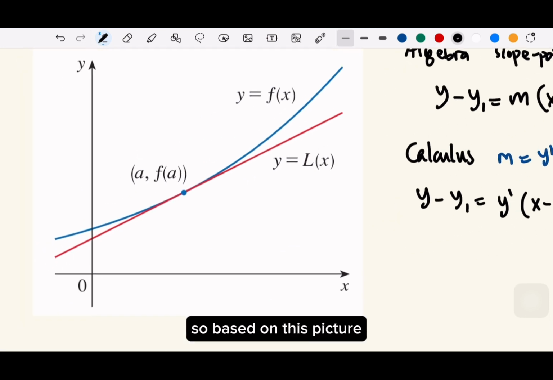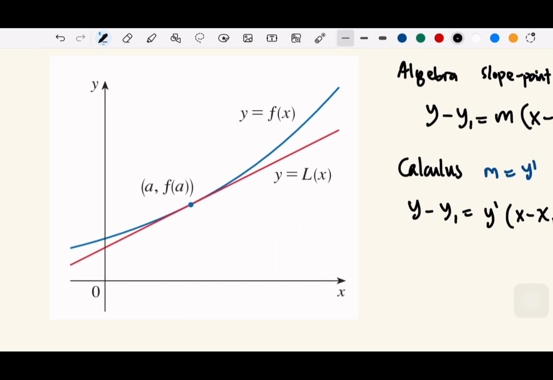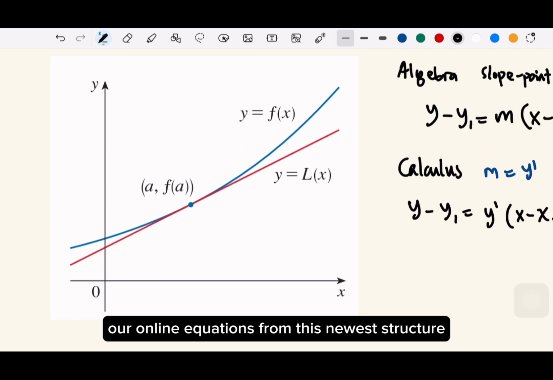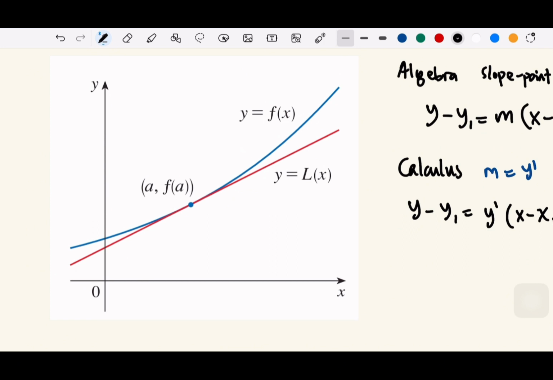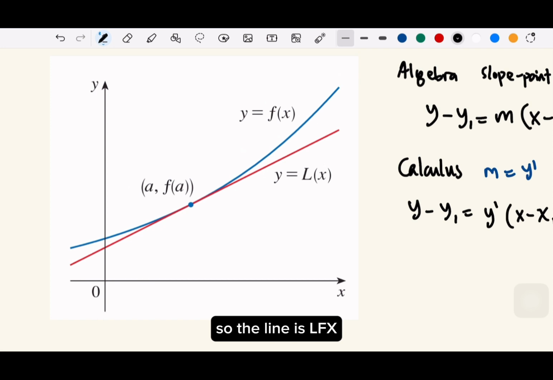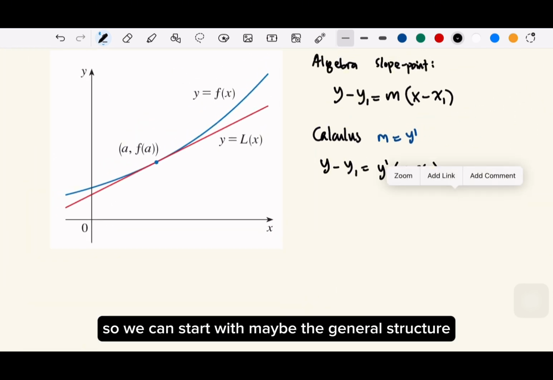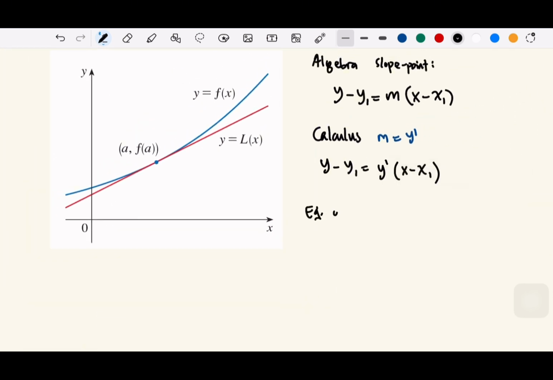So based on this picture, we can try to set up our own line equation through this same structure. We can write using f of a, and then L of x. So the line is L of x. We can start with the general structure, the equation of tangent line.